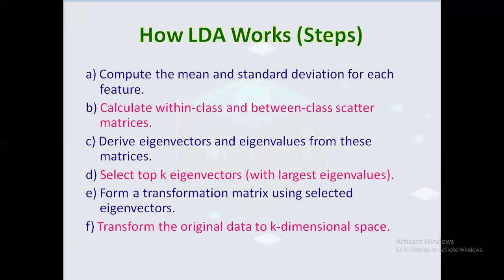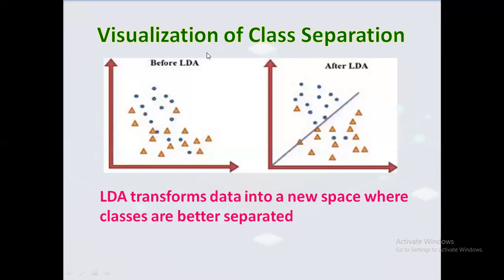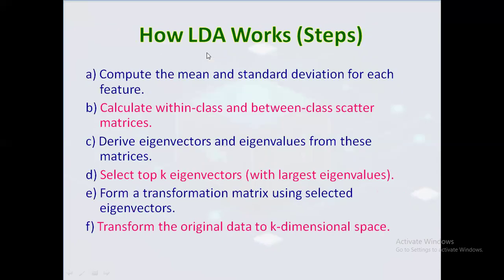Next, how LDA works, step by step. The process begins by calculating the mean and standard deviation of each feature in a data set, helping to summarize the class distributions.